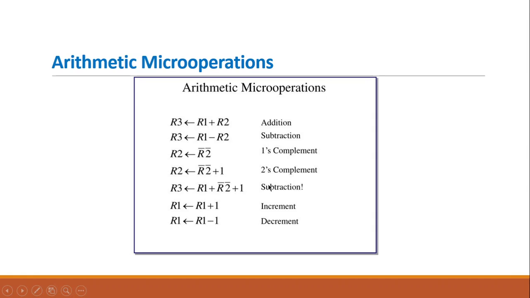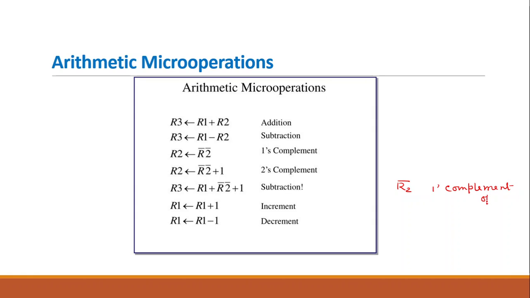Next, the subtraction operation. So basically what happened here? R2 complement is the symbol for the 1's complement. So when we say R2 complement, it is nothing but the 1's complement of R2.